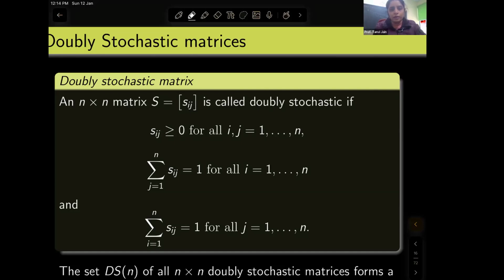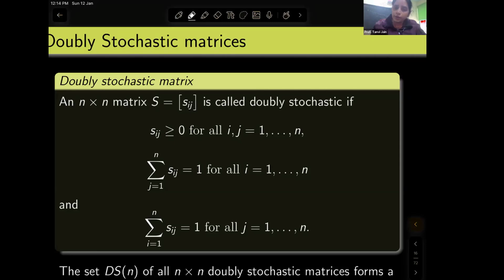Now, it's simple to see that these matrices are really subsets of C to the n square. In this case, they are subsets of R to the n square anyway. And I know that any subset of R to the n square is compact if and only if it is closed and bounded.